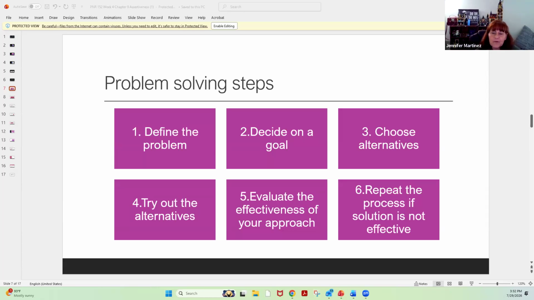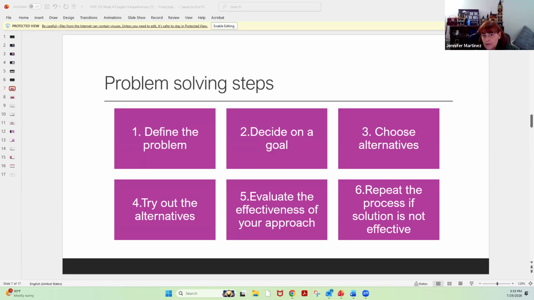And so what can we do differently? Maybe we temper our language, our approach, whatever it is. We want to decide on a goal, and the goal is, we want to get along better with our coworker. So when are we going to do this? Just like with the nursing care plan, we can do short term, where we try some things out, maybe within a couple of days, or it could be long term.